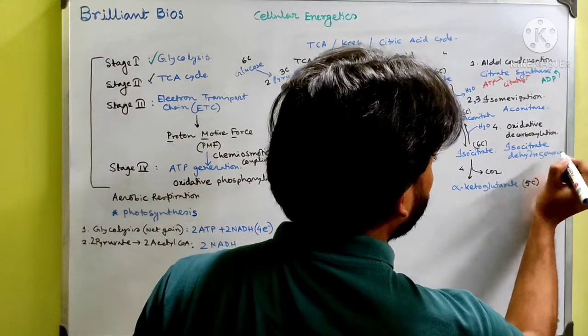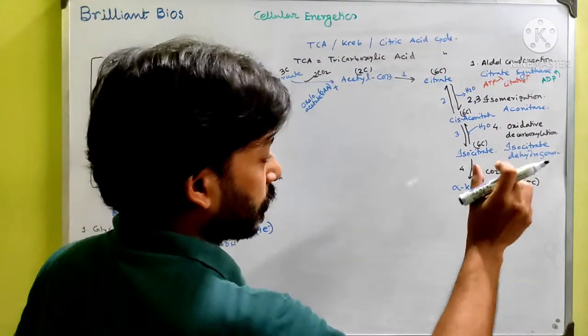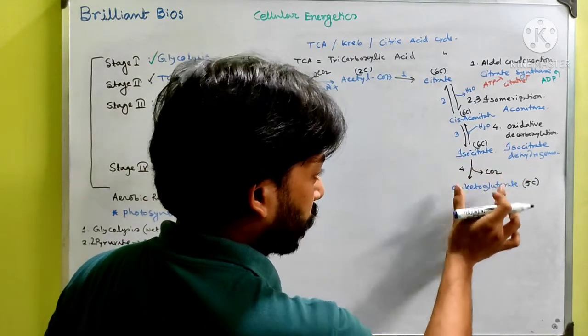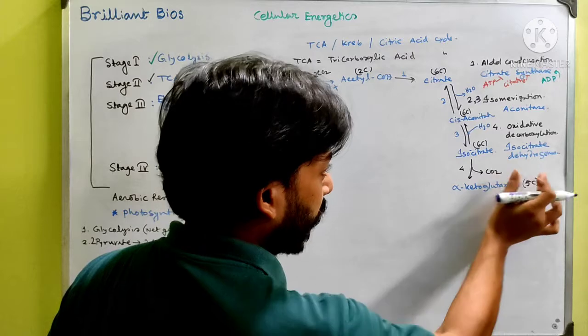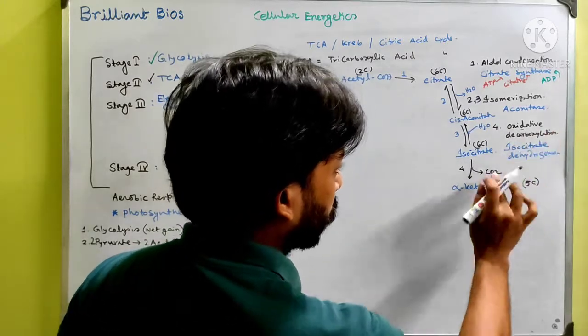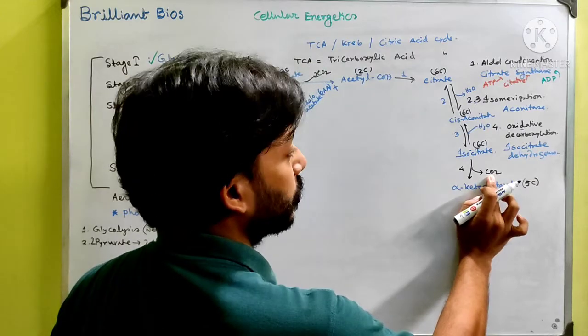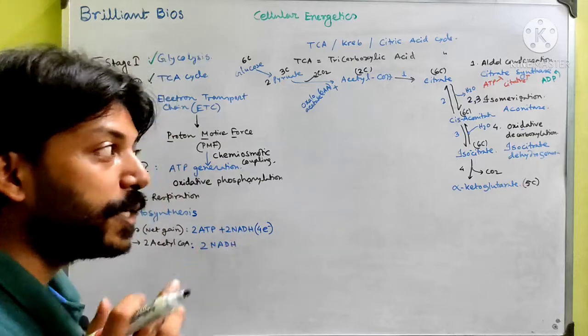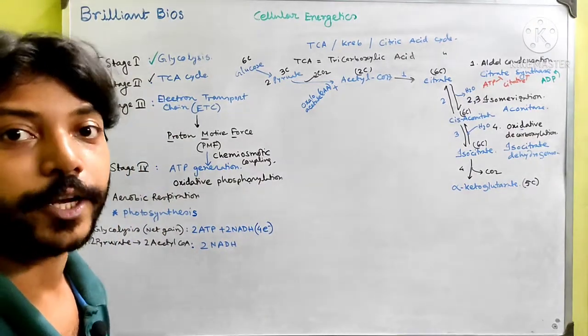You have to remember this thing. Let's look at this. Isocitrate is converted into alpha ketoglutarate, and the enzyme name is isocitrate dehydrogenase. I have mentioned this is an oxidative decarboxylation. Decarboxylation means carbon dioxide will be released, and the enzyme dehydrogenase means it will exchange hydrogens.